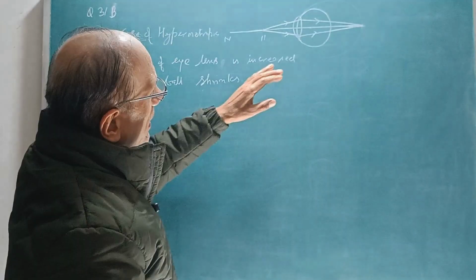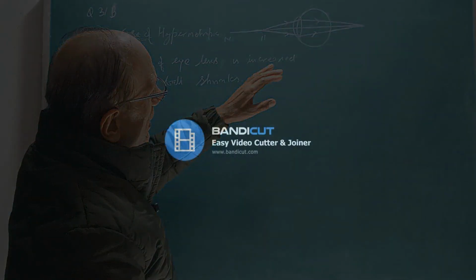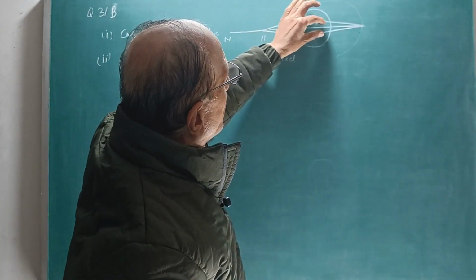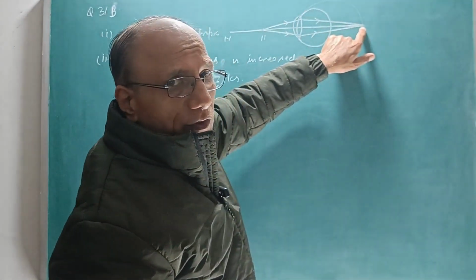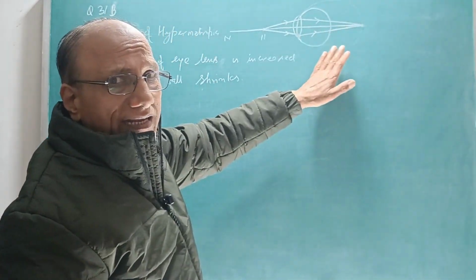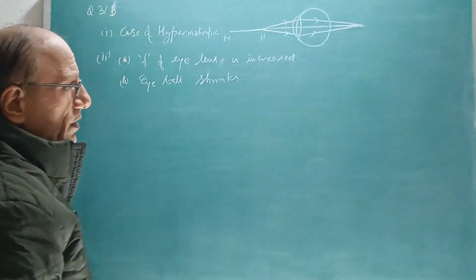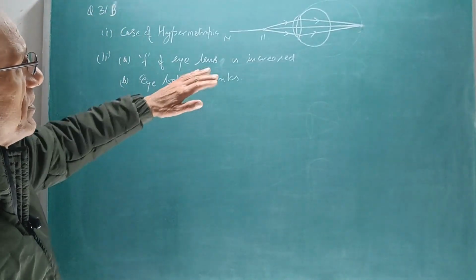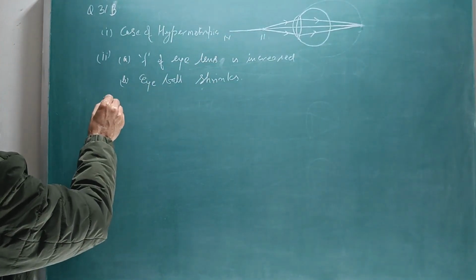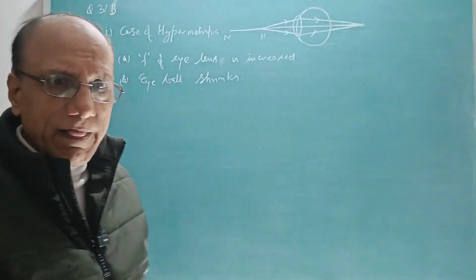And if the eyeball is okay but the focal length is enlarged, then these rays will be converged at a larger distance because the focus has become large. So it will still be beyond the retina. So these are the two reasons due to which this kind of defect occurs.